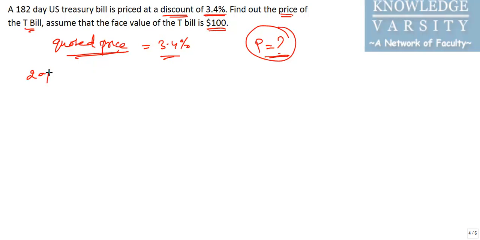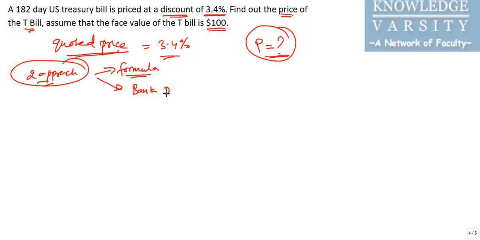Please note that there are two approaches to solve this problem. One approach is applying the formula that you have in the book. Second is applying the concept of bank discount yield. I would strongly recommend this approach of solving through the bank discount yield.